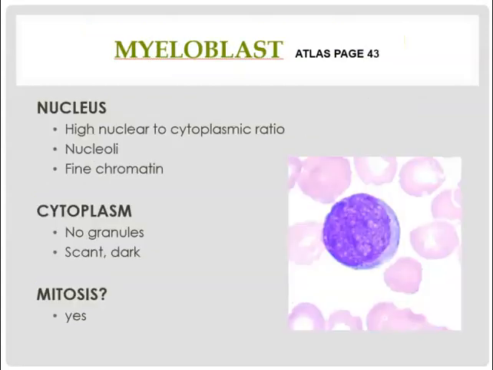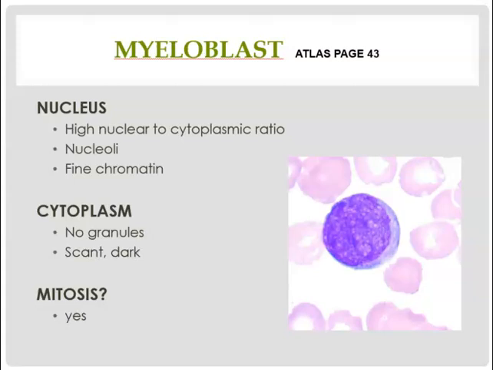The first stage in the maturation for our granulocytes that we're going to talk about is the myeloblast. And again, in this stage you're not going to be able to tell one type of granulocyte from another. I would encourage you to pull out your atlas and look at it along with these slides.